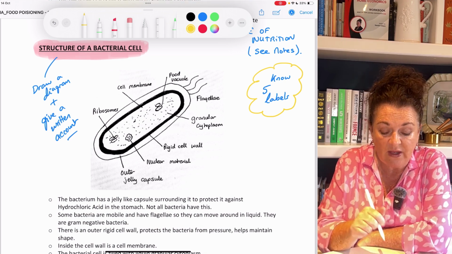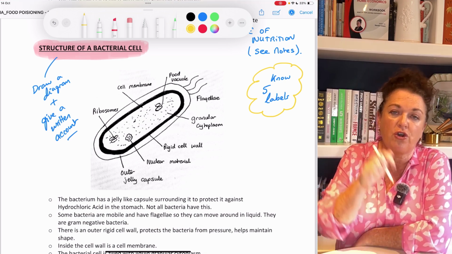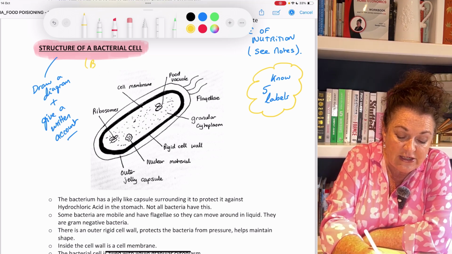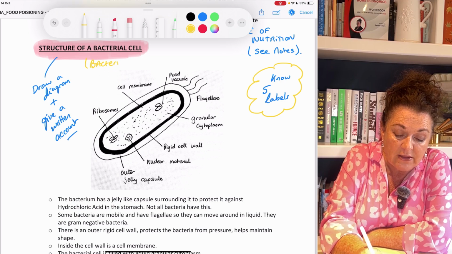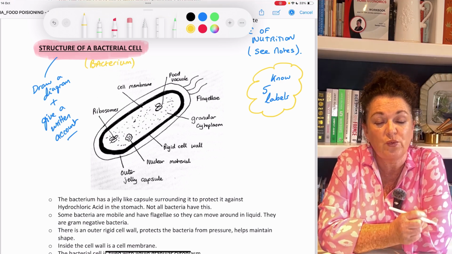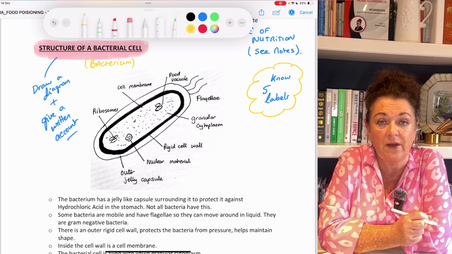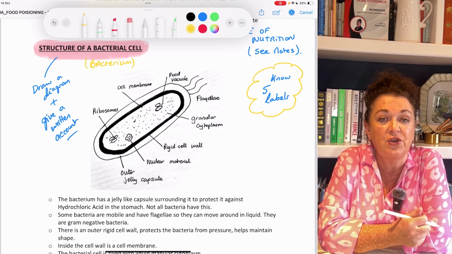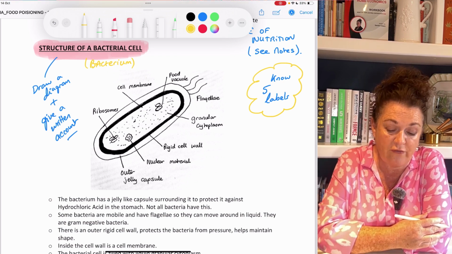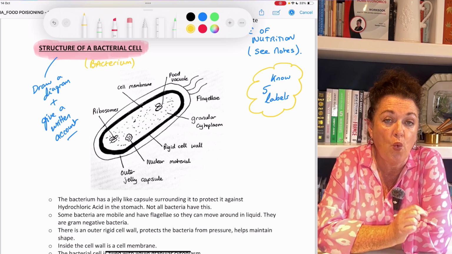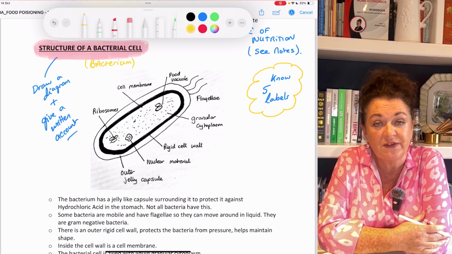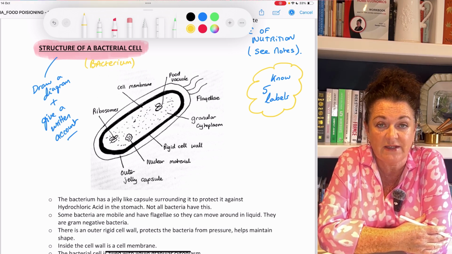So when we say that we are learning the structure of a bacterial cell, also called a bacterium, I'm not saying that every bacteria looks like that, but the one that we have chosen and the one that's on our home economics syllabus does have quite a lot of similar features to the majority of bacteria. So this is just one example of a particular bacteria. In fact, looking at this, it could possibly be Salmonella.